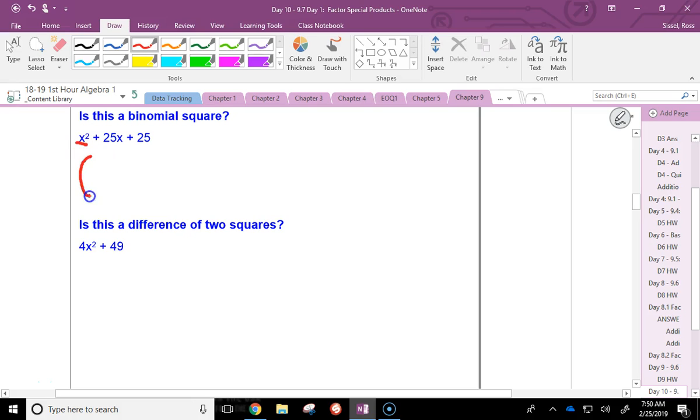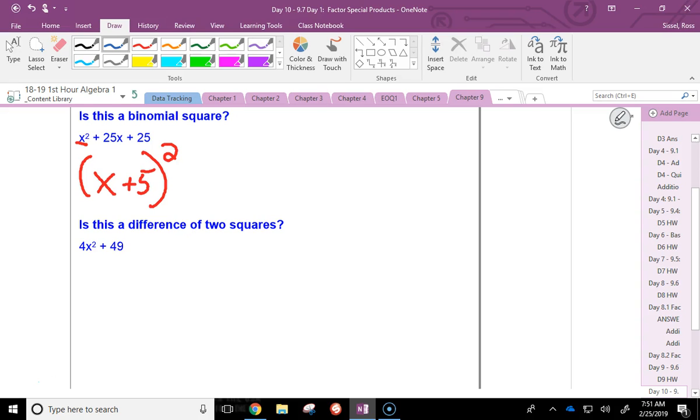Okay, so I can go ahead and say x. Okay, this was a positive 25. Okay, can I square 25? Yes. All right. So if I did that, would this work? No. Why not? Because 5 plus 5 is 25. Awesome. Because this is where we really have to always slow down.